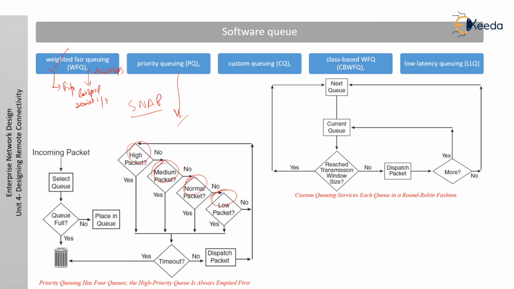Queues are configurable for queue type, traffic assignment, and size. The dispatching algorithm begins servicing a queue only when all higher priority queues are empty. This way, PQ ensures that the most important traffic placed in the higher level queue gets through first, at the expense of other traffic types.